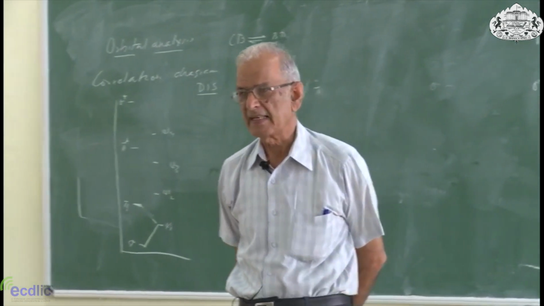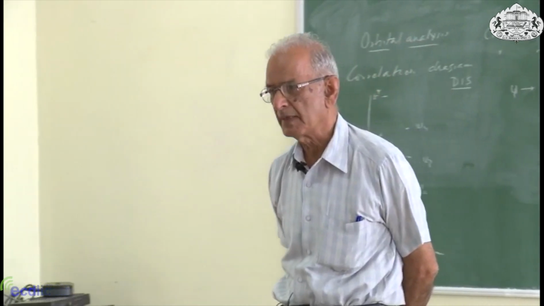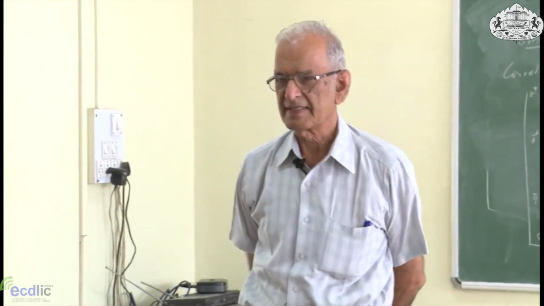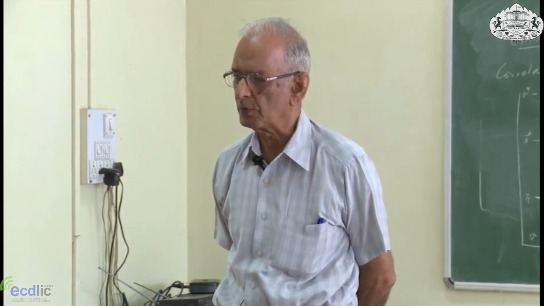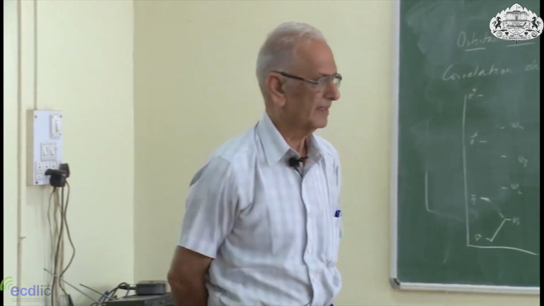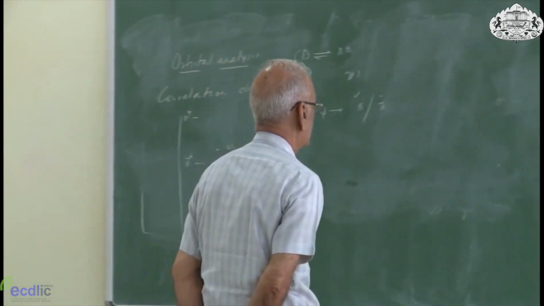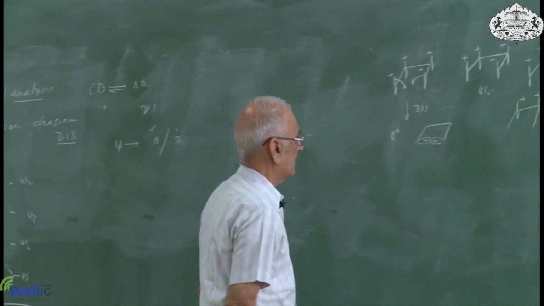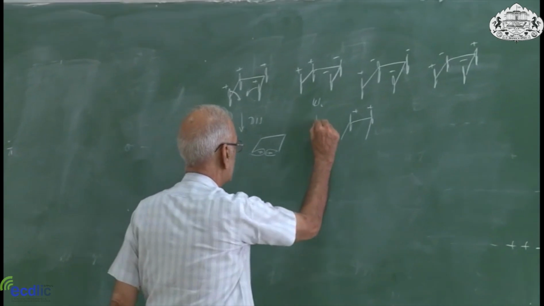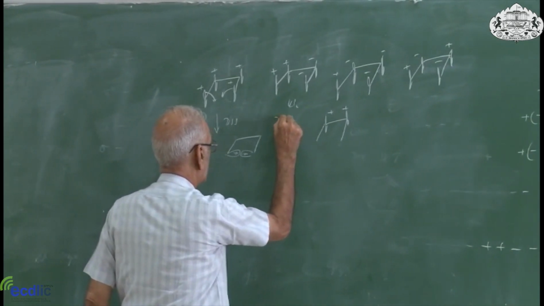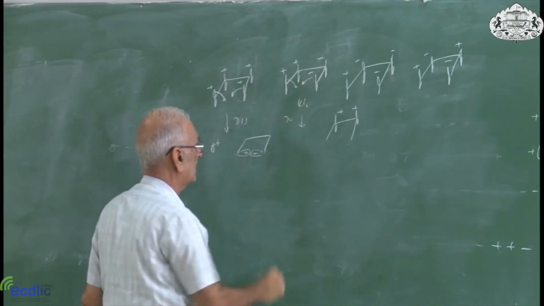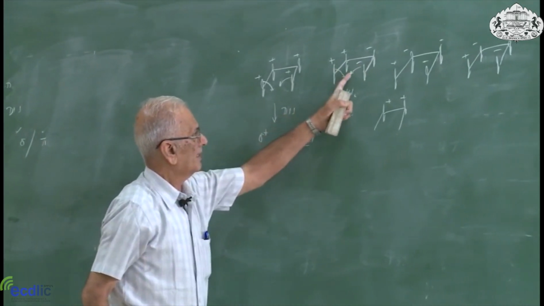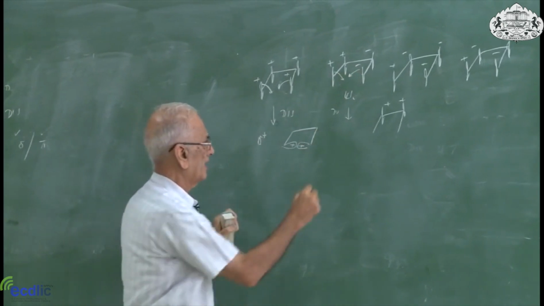Therefore, psi 1 can correlate with sigma or pi. Sigma is the orbital of lowest energy, therefore, I correlate with sigma. Okay. Then I look at my psi 2 orbital. When I do the disrotatory process, what will happen? Plus will come here, minus will come here.